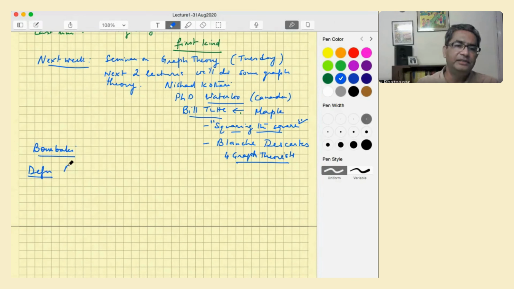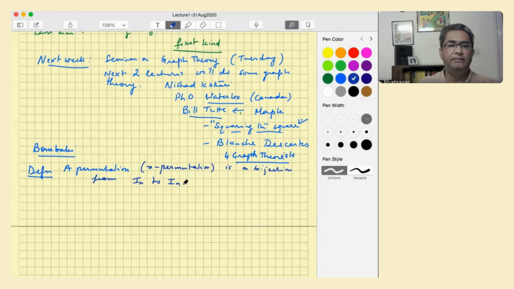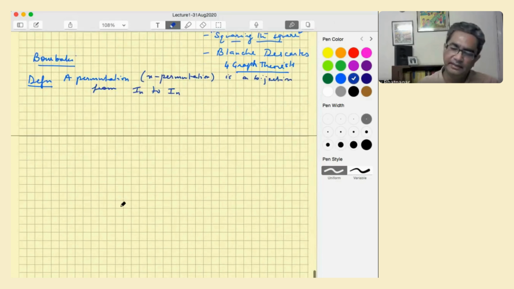So, definition of permutation. We will also call it an n-permutation. It is a bijection from [n] to [n].